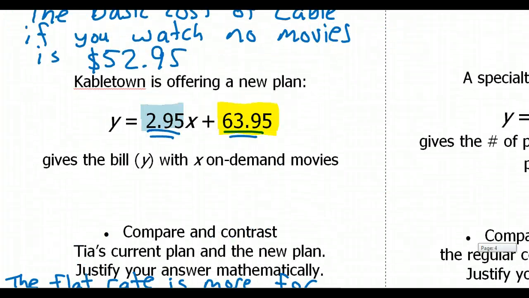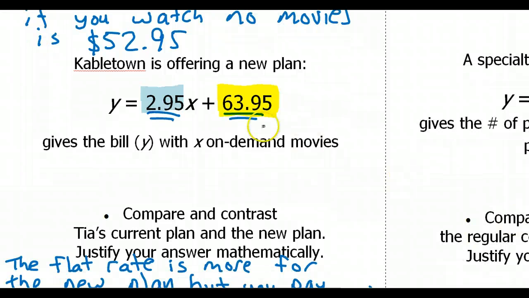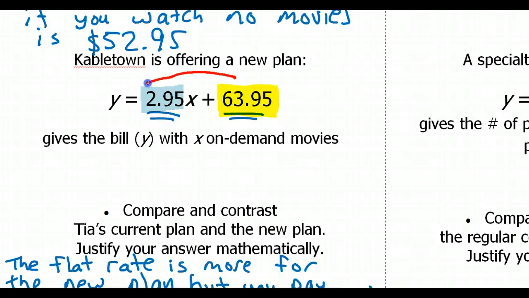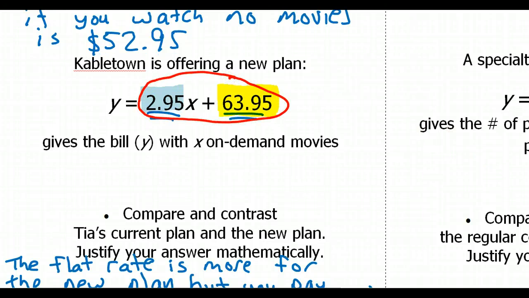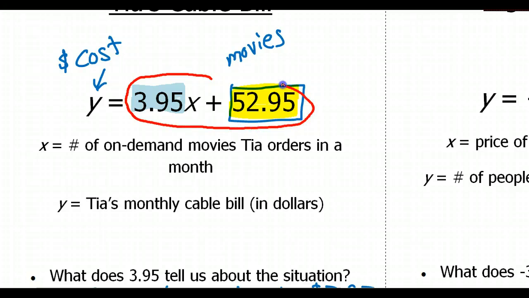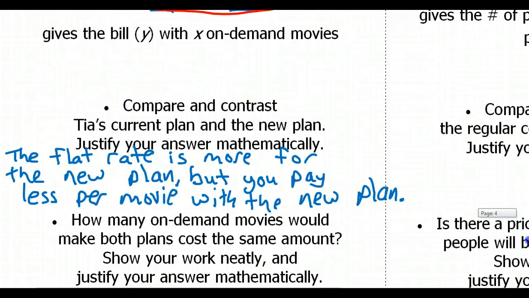Okay, so if I want the cost of the plans to be the same, that means I should be able to take these equations and set them equal to each other. So this equation, if the plans are supposed to cost the same, we're looking for where they cost the same, this equation should be equal to the other equation. So I'm going to start off with this one, 3.95x plus $52.95.